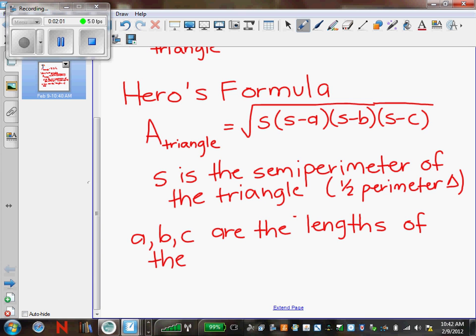Okay, so A, B, and C are the lengths of the sides of the triangle. Okay, so let's look at an example.